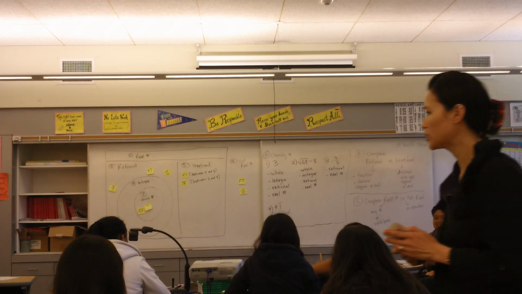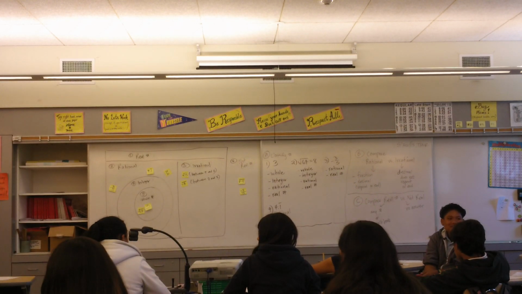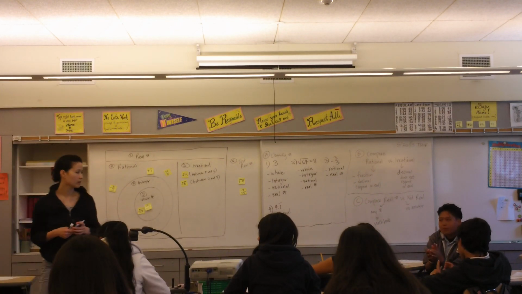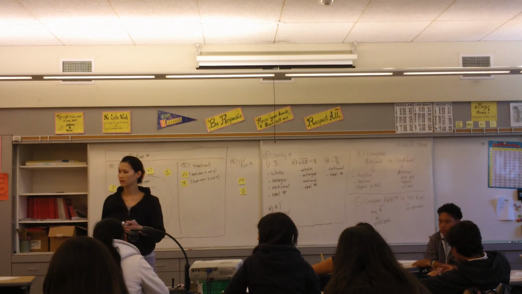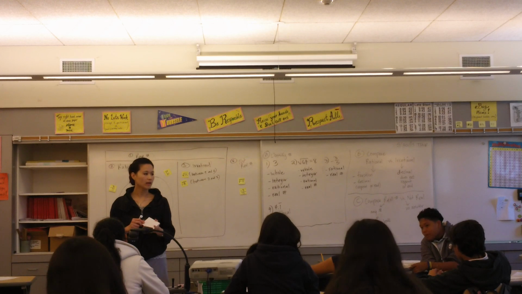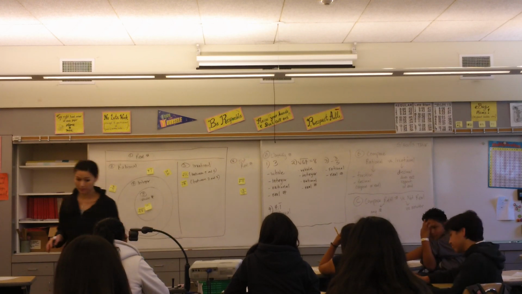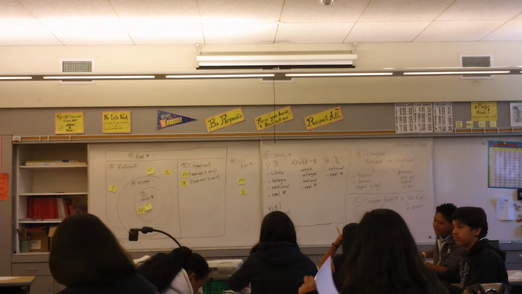Good. Okay, let me do one more. Brianna, share. What did you learn? For the last one. I learned what irrational means, and also there's such a thing as not real numbers. Good. Okay. At this moment, we will talk about this more later. Please clean up. Please clean up.